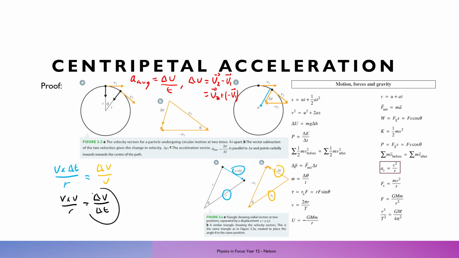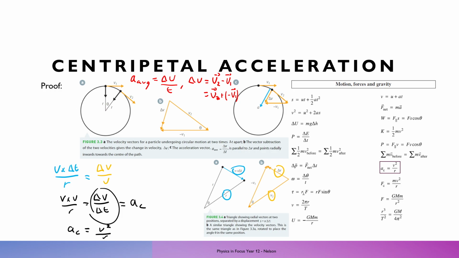Now this here is equal to centripetal acceleration, because as we know, average acceleration is equal to delta v on t. What this gives us is that centripetal acceleration is equal to v squared on r.